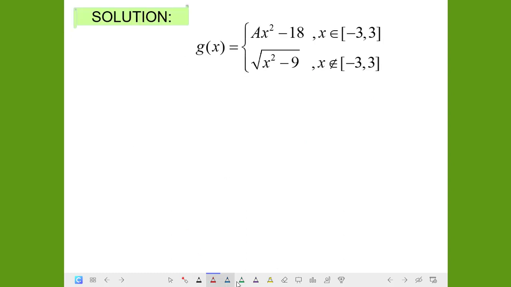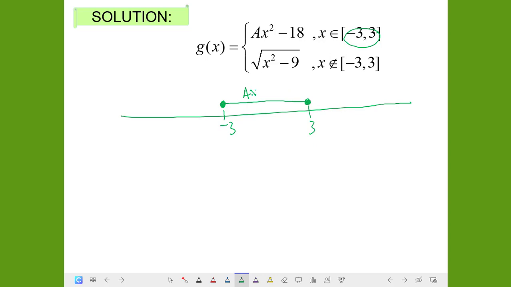Okay, transfer to a number line. Negative 3. x lies between negative 3 included to 3. This function is ax squared minus 18. Okay, this is out, not equal, so an empty circle to infinity.